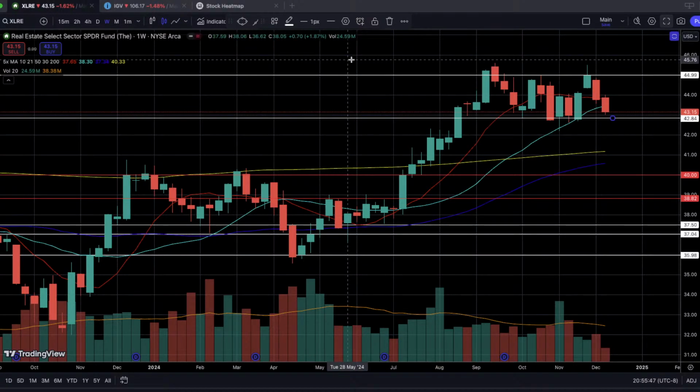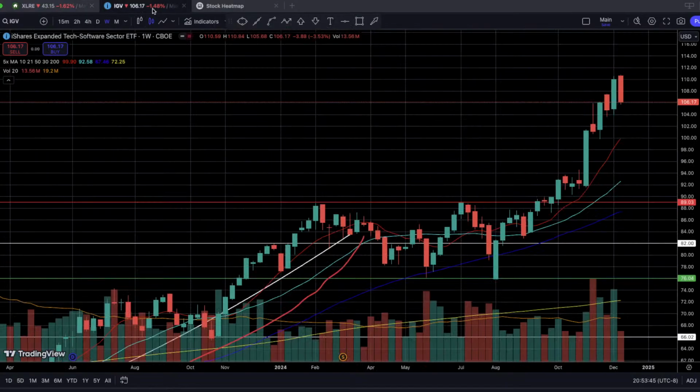Both SMH and IGV continuing to go lower could indicate that we're not seeing an internal rotation, where we're seeing more weakness coming out of semiconductors and that money going back into IGV as a new form of strength, where IGV continues to hold up here.